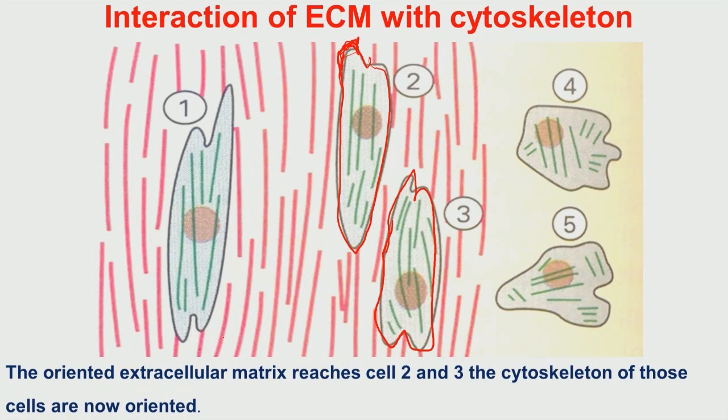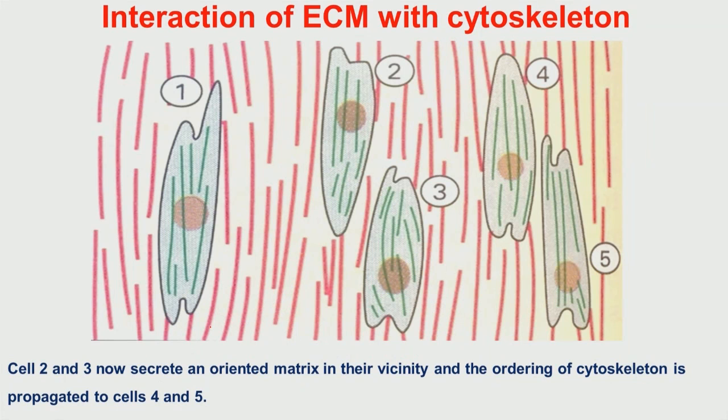However, the two other cells shown here, cell number 4 and cell number 5, still have their cytoskeleton not oriented with respect to the extracellular matrix. Now, what happens in the next stage? In the next phase, as you can see, the cytoskeleton of cell number 4 and cell number 5 is also oriented with respect to the extracellular matrix.